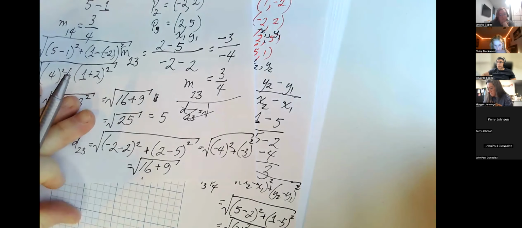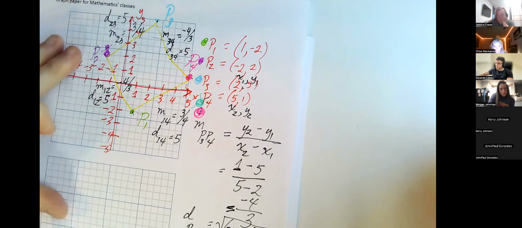And 4 times 4. 16. Negative times a negative again, still positive. 3 times 3. 9. Do you see that the numbers that we add for the distance will always be positive because we're squaring them? And we've seen this same sum several times. 16 plus 9, 25. And the square root of 25. 5. Yay! So we're almost there.